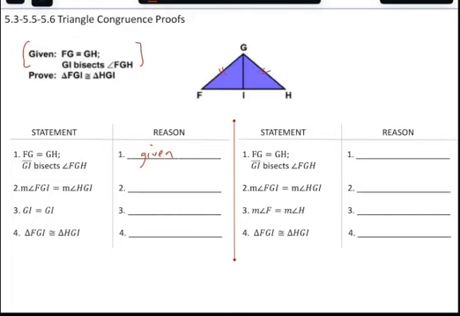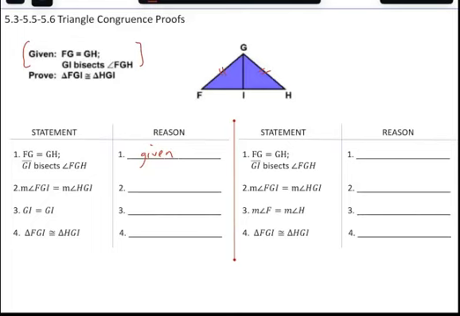And then it's a word relationship: segment GI bisects angle FGH. So there's nothing that you interpret in that given state; we're going to do that in the next step. Anytime you have words or definitions in your given state, I would interpret those as my next step, even if they're not the next step in the proof. Interpret it and find where that is.